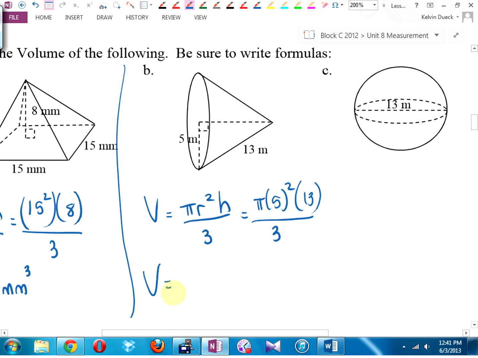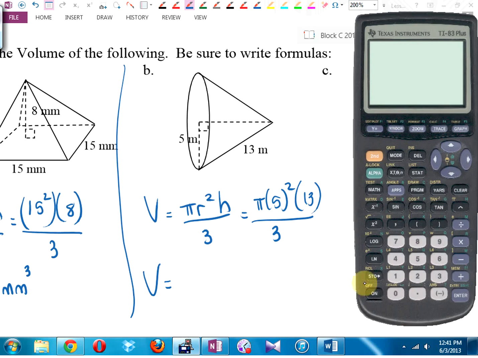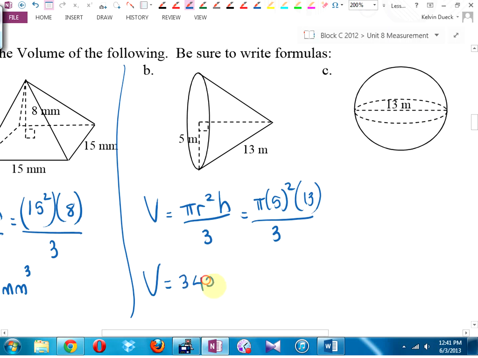Well, let's see. 25 times 13 is going to be 425 divided by 3. That's not going to work out evenly. I need a calculator for that one. Pi times 5 squared times 13 divided by 3. Did y'all get 340.3? Cubic meters. That's how much water that could hold.